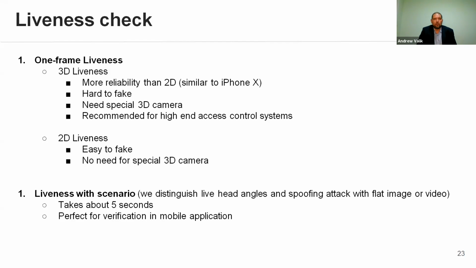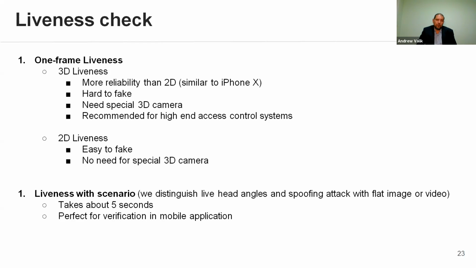A few words about Liveness check. There are some mistakes in the slide. There are two Liveness check ways. The first is a one-frame Liveness check used in access control systems or time attendance systems, when you need a fast Liveness check, when you have a big flow of people at the entrance and have to make a Liveness check on every frame fast and easy.